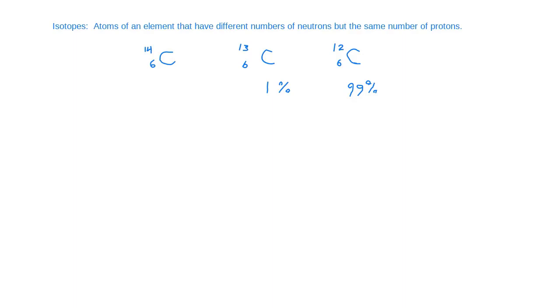I'm going to say much, is that greater than or less than? I feel like that's the wrong sign. That's greater than. I'm going to delete that. Less than 1%. Much less than 1%.